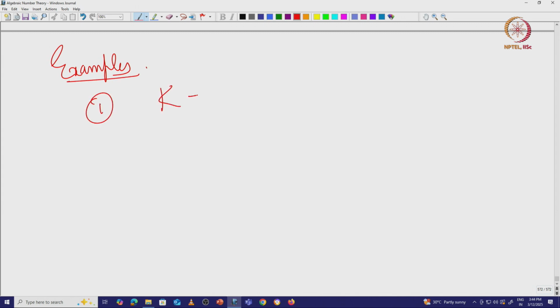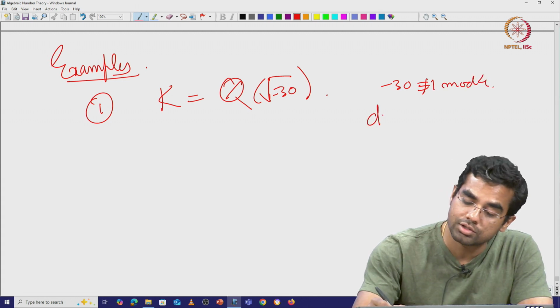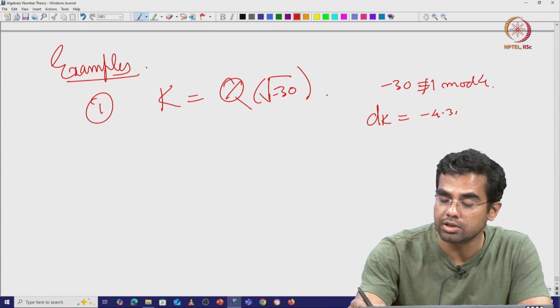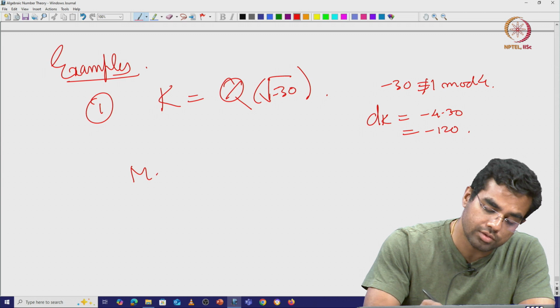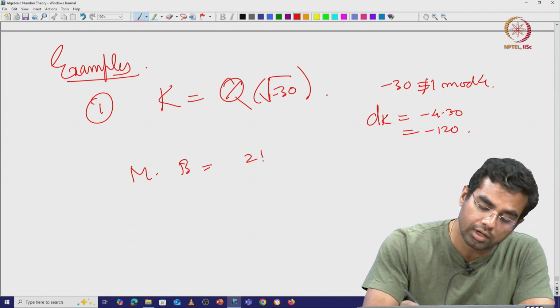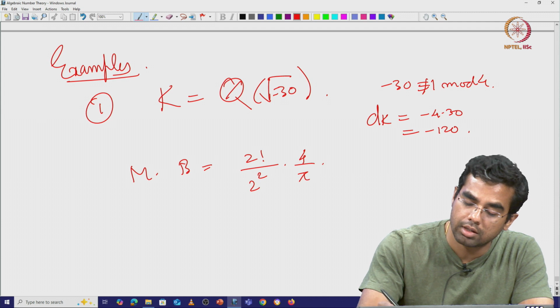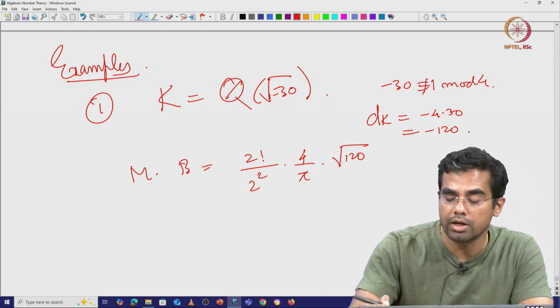So, the first one is Q of square root of minus 30. Minus 30 is not congruent to 1 mod 4 obviously, and so the discriminant is minus 4 times 30, which is minus 120, and so the Minkowski bound is 2 factorial by 2 square times 4 by pi times square root of 120.